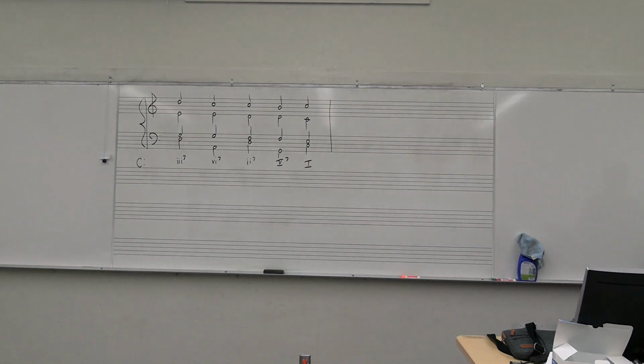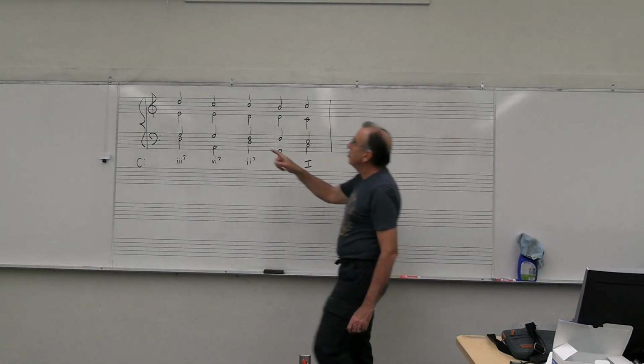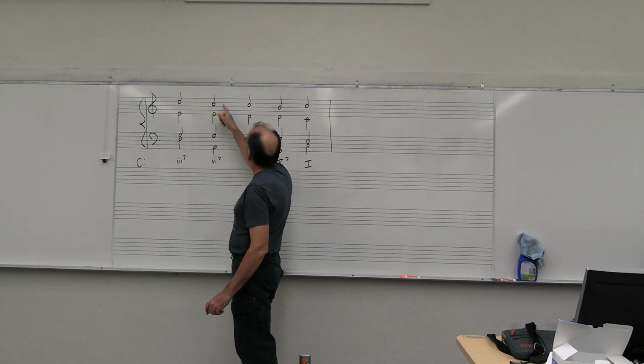So we have sort of a chain of root position secondary seventh chords from an E minor seventh resolving to an A minor seventh, resolving to a D minor seventh, resolving to a G dominant seventh, and then finally to a C. And these are all diatonic seventh chords, and in each one, the seventh resolves down by step.